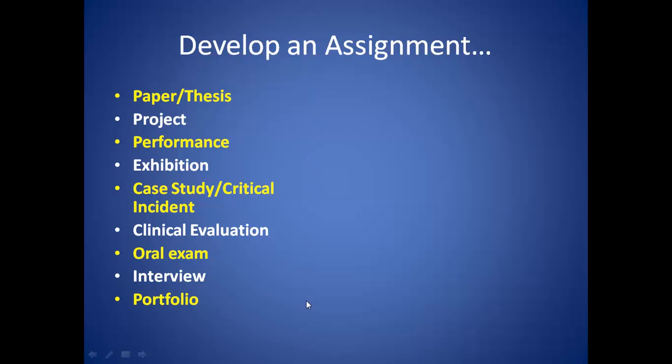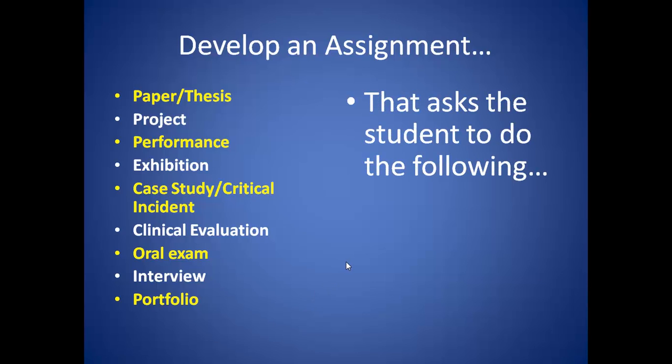So you may be asking yourself, how do I develop these assignments? What am I looking at when I try to develop these assignments? You can develop these assignments that are going to ask the students to do the following. We're going to ask you to use the critical thinking rubric when you design your assignment, because that rubric will allow us to assess the student's ability to critically think.